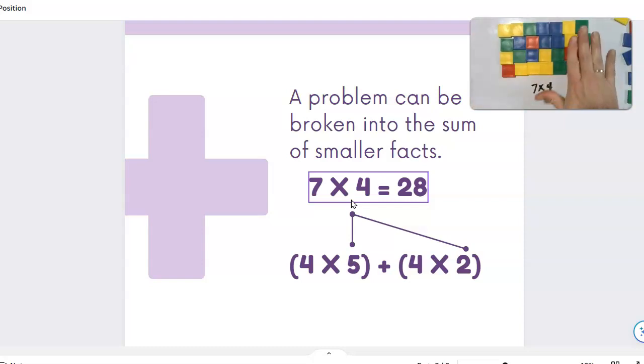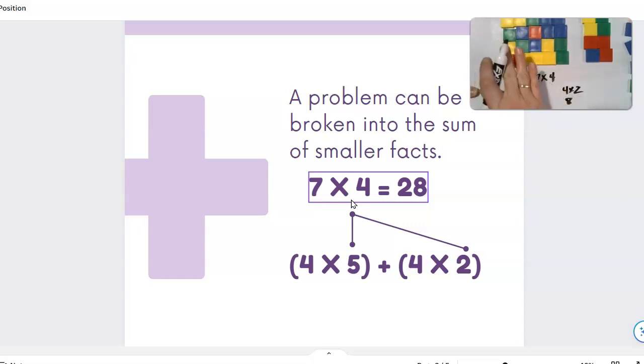I'm going to distribute them into a smaller fact, and by looking here you can probably tell that our multiplication problem that goes with this array is 4 times 2, and that equals 8. Over here we have a group that is broken up into 4 rows of 5, which is 20.